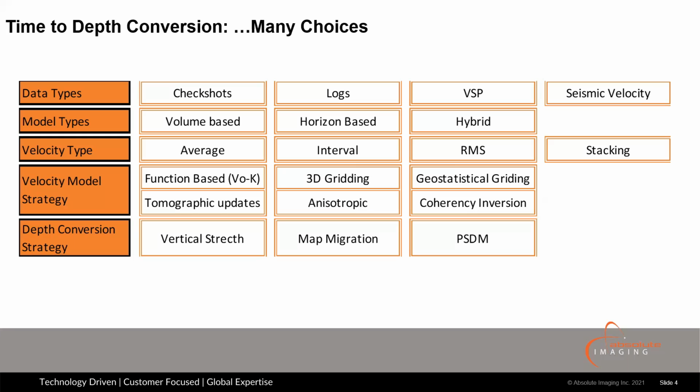You can use tomographic updates instead of, let's say, a single function. Then you can talk about the model: is it isotropic or anisotropic, and is it coherence inversion? So there are different strategies you can apply.